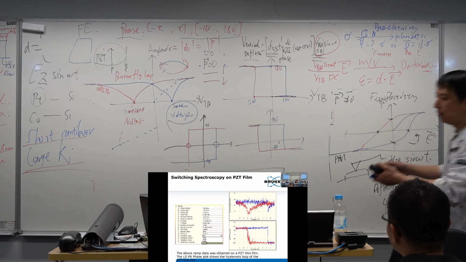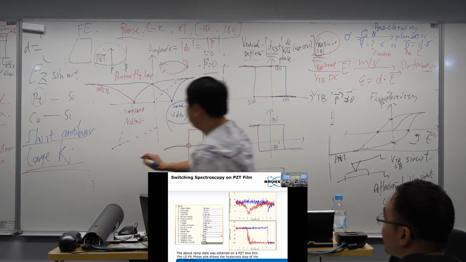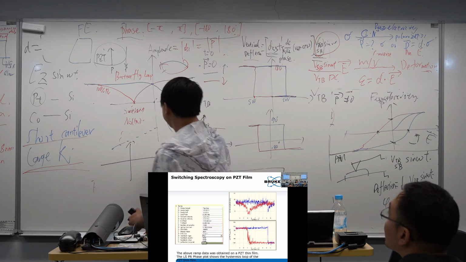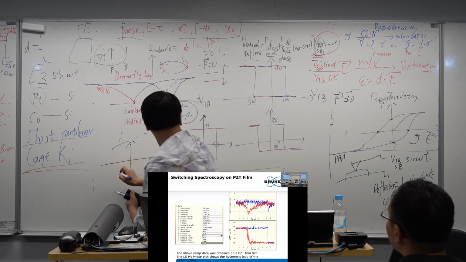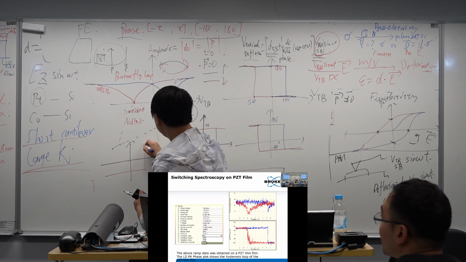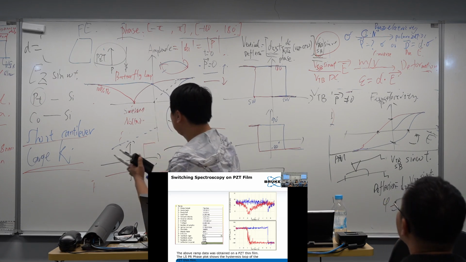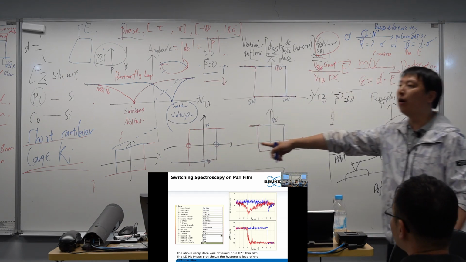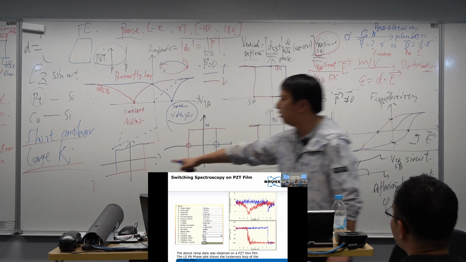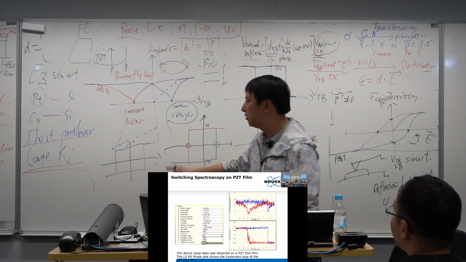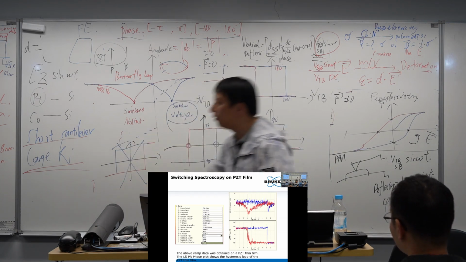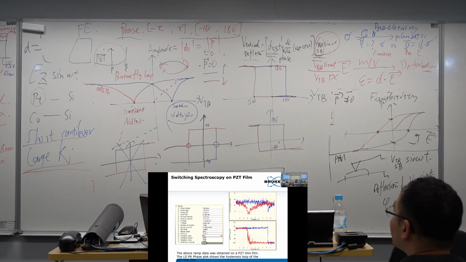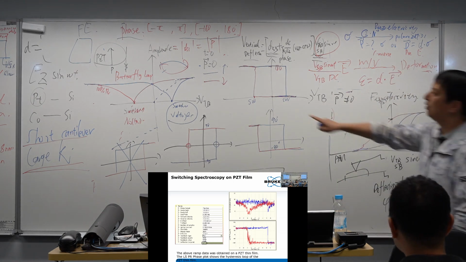All the others, for example, you can say something like this. This one is wrong, right? It's actually clockwise. Only these two are acceptable, and this one.